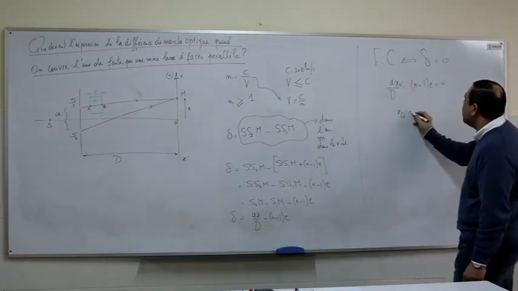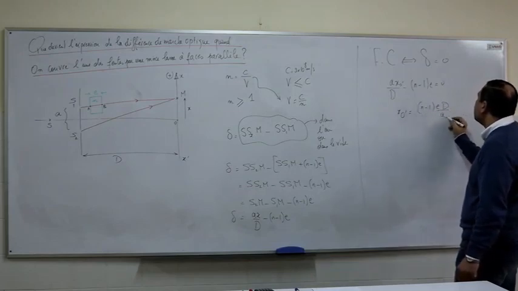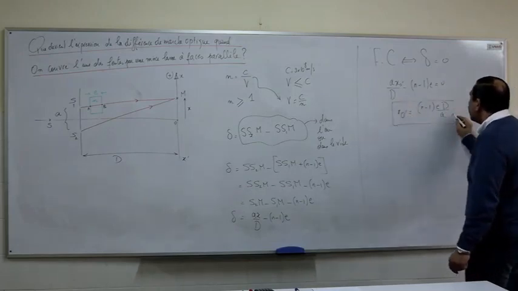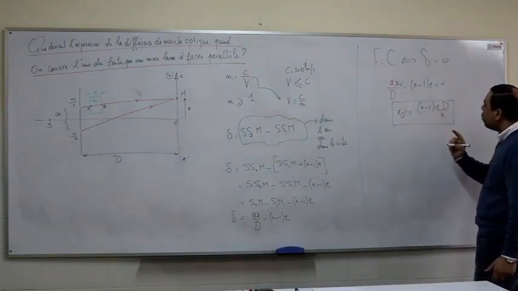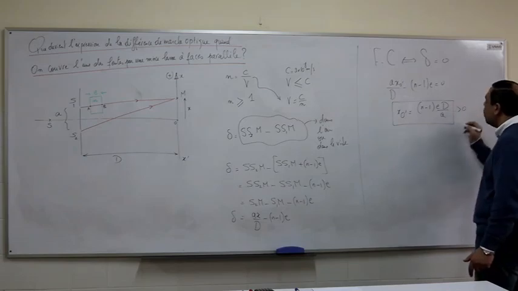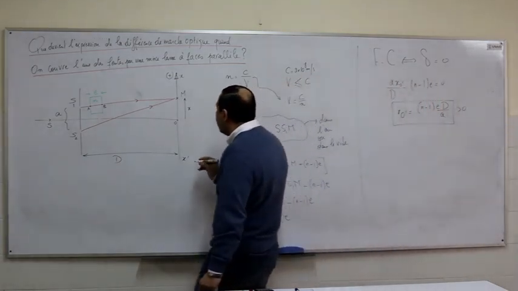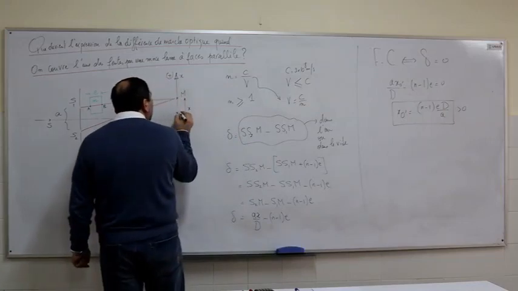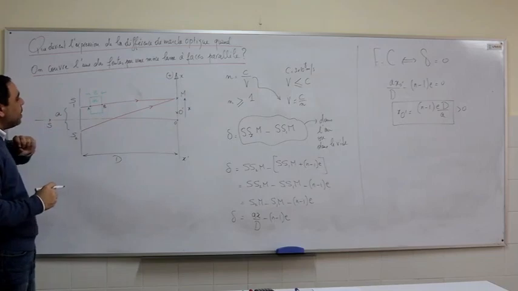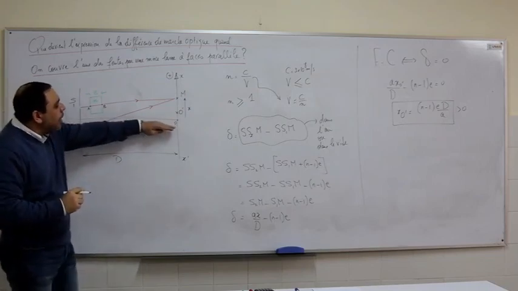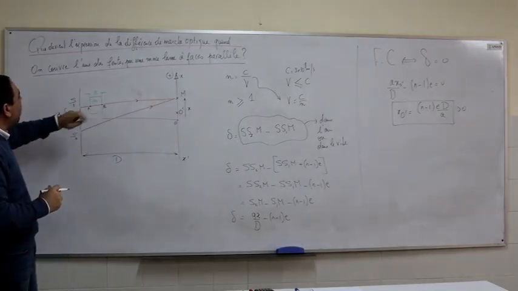We obtain x of O prime equals (n minus 1)eD over A. This is the new position. n is greater than 1, so the new abscissa of the central fringe is at O prime, which is a point above O. When the plate covers S1, the central fringe shifts upwards to the same side as the plate.